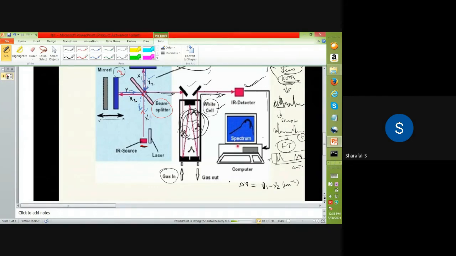So it is nothing but the ability to separate two spectral features associated with the spectra.